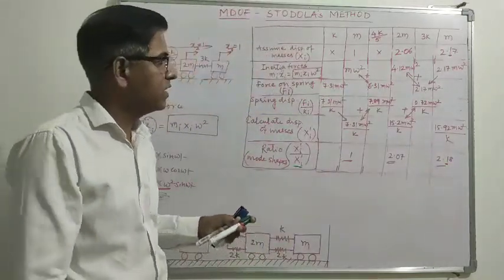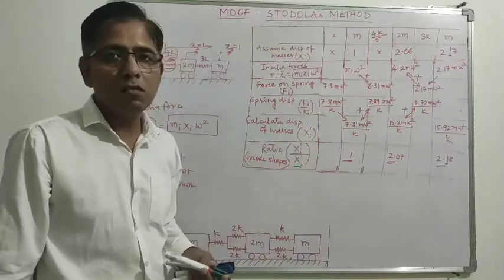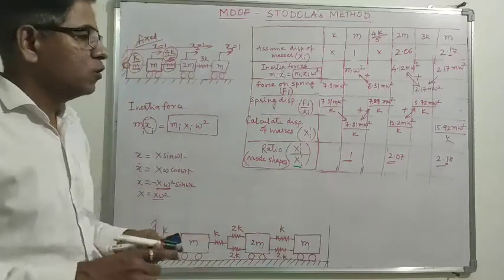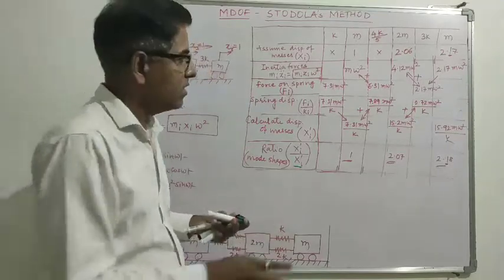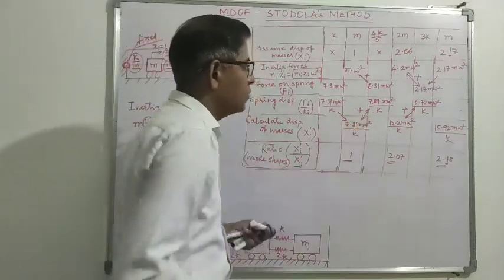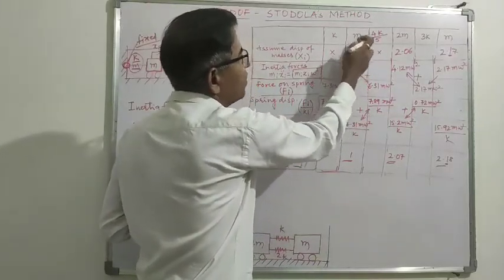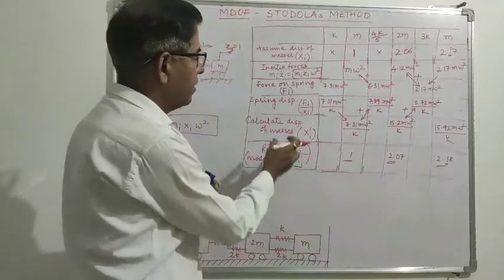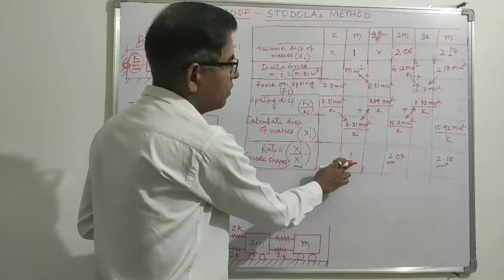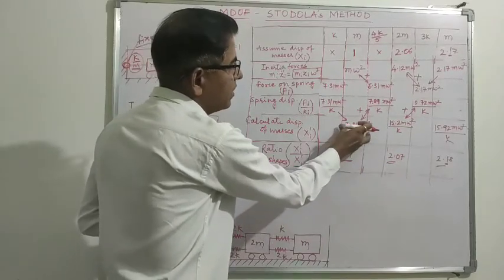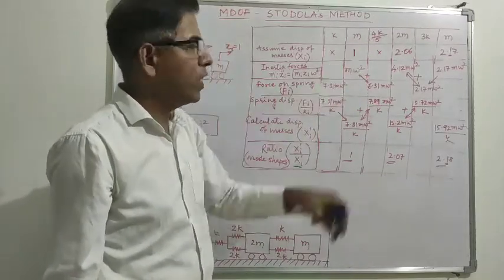So we can say that here we can stop our iteration and find out the first natural frequency. Okay. So how to find out the first natural frequency? Nothing to do, just use the last displacement values. Now here we have assumed the displacement value of the first mass as 1, and we have calculated the displacement value of the first mass as 1. That means this formula can be equated to 1.